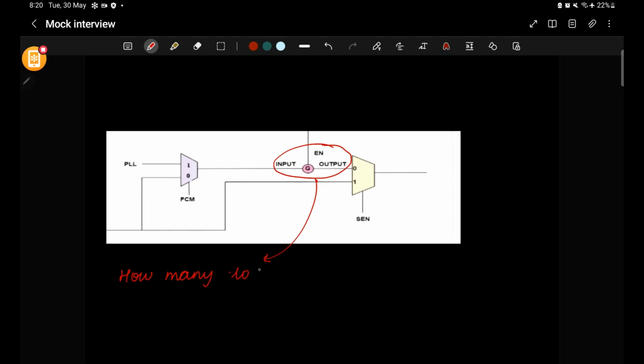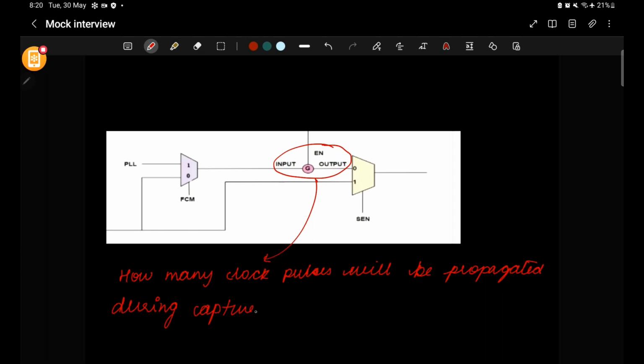How many clock pulses will be propagated during capture will be decided by this clock gator.